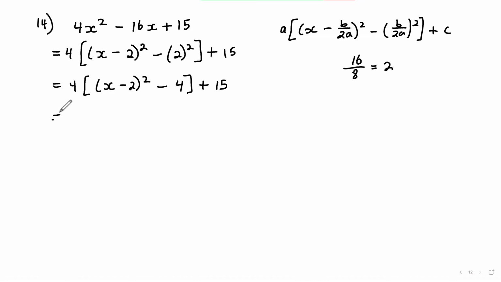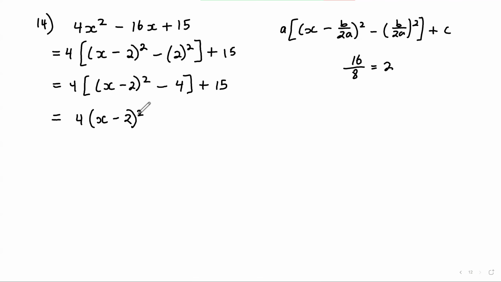So what would this become, Ari? It will become 4, open bracket, x minus 2. It'll still be 2. Nothing changes here. This continues to be the same, right?